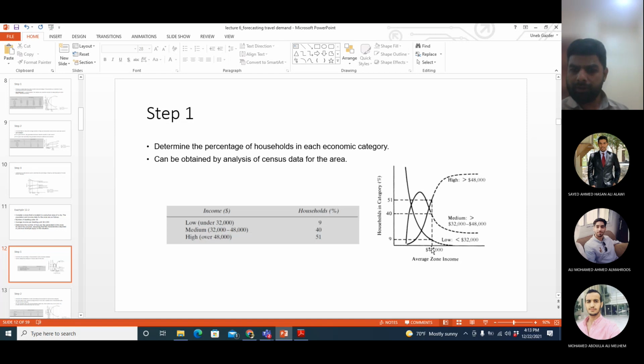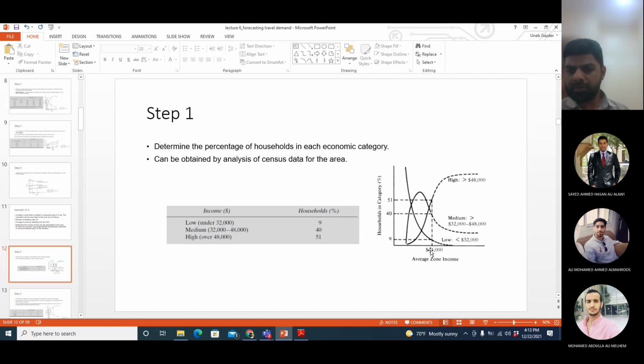So from $44,000, which is the average income, if you draw a perpendicular line which intersects the three income categories, the points at which the line intersects the income lines will give you the percentage of households belonging to each category in your data.